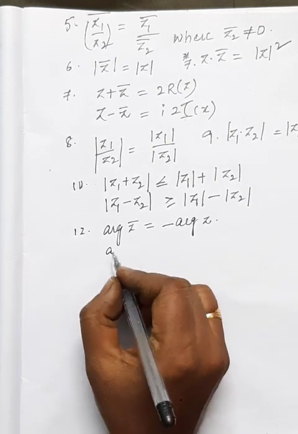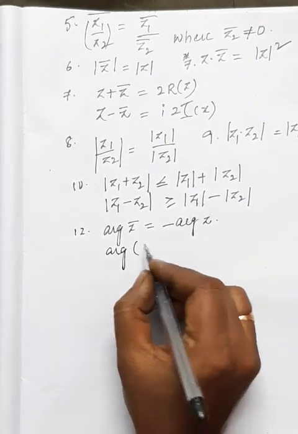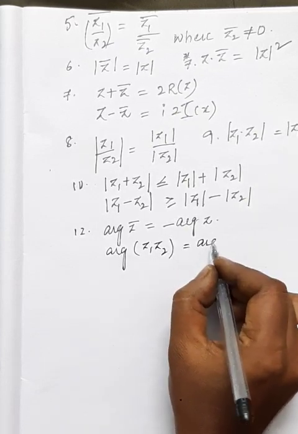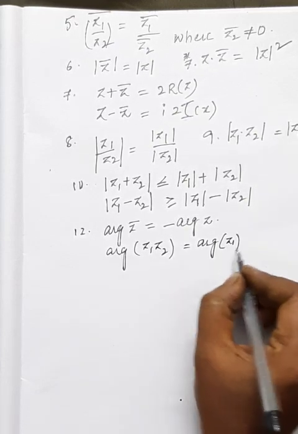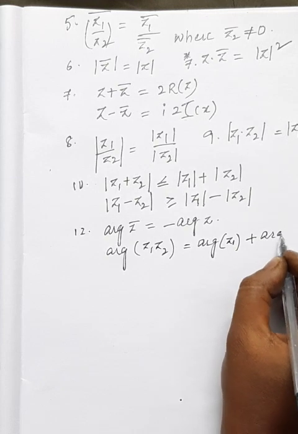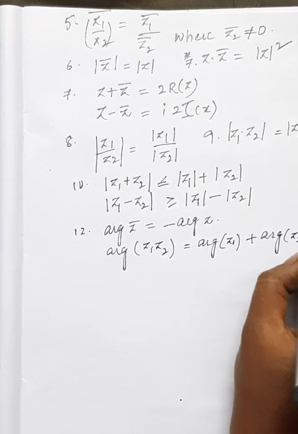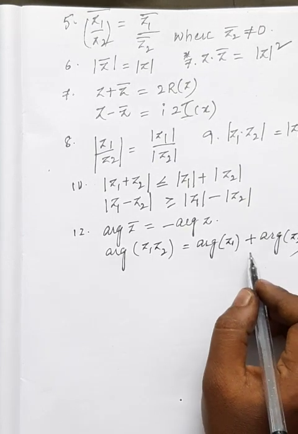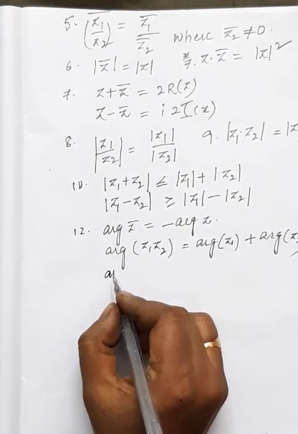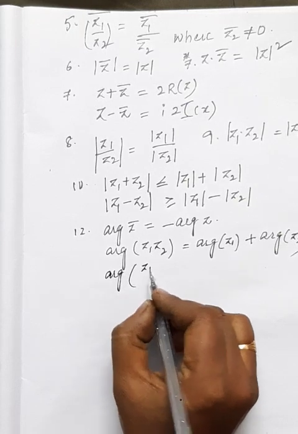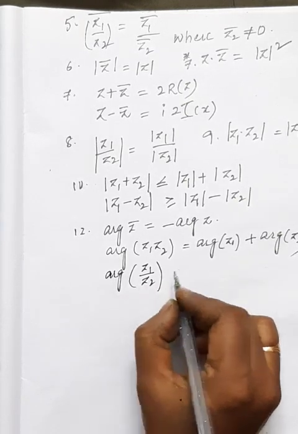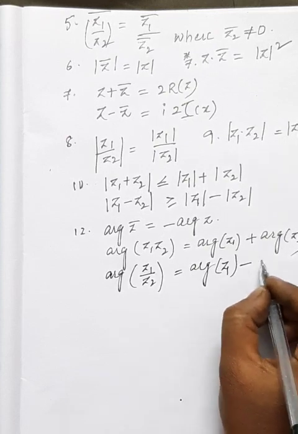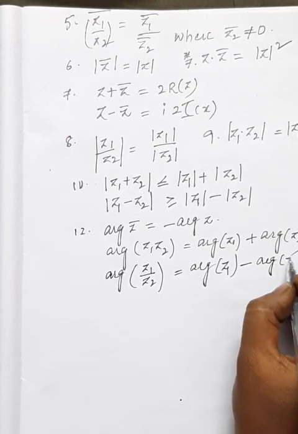Similarly, amplitude of z1 into z2 is equal to amplitude of z1 plus amplitude or argument of z2. So here multiplication, but it is addition. Next, argument of z1 by z2 is equal to argument of z1 minus argument of z2.